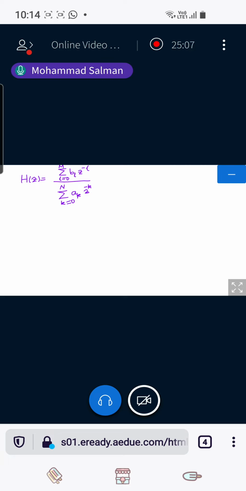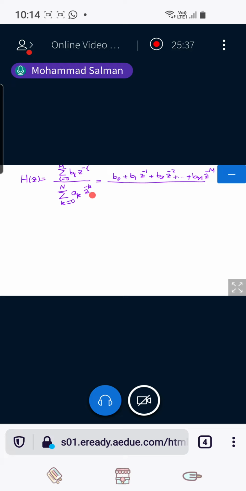Okay, great. Let's now write this as a polynomial. Let's open this summation just to imagine what we have. I have b0 plus b1 z to the power minus 1 plus b2 z to the power minus 2 up to bm z to the power minus m.